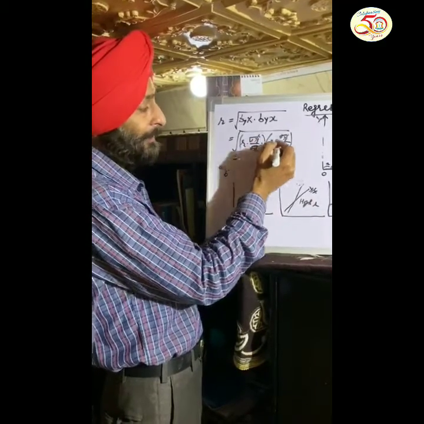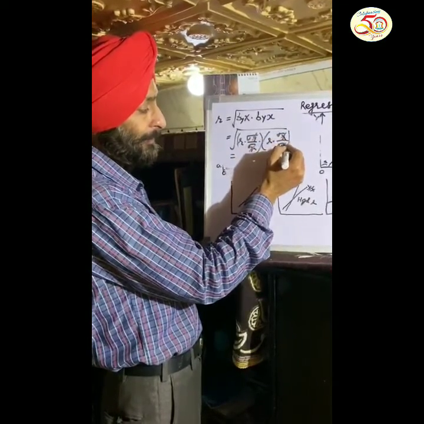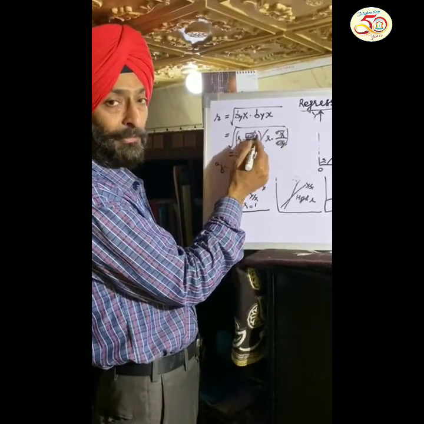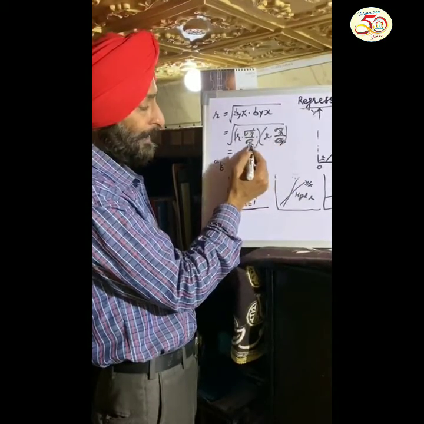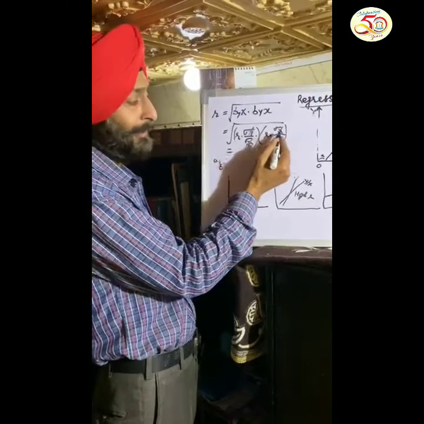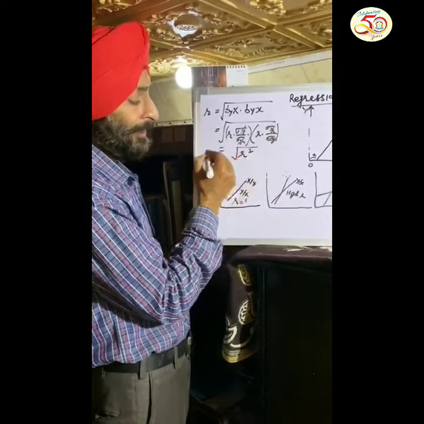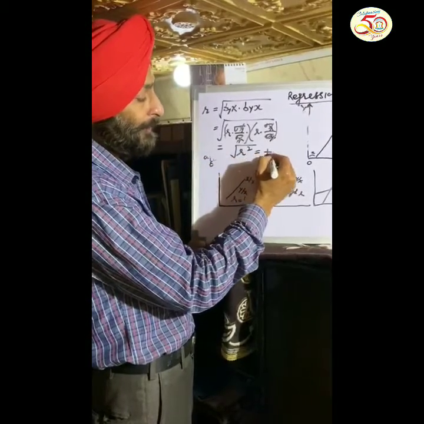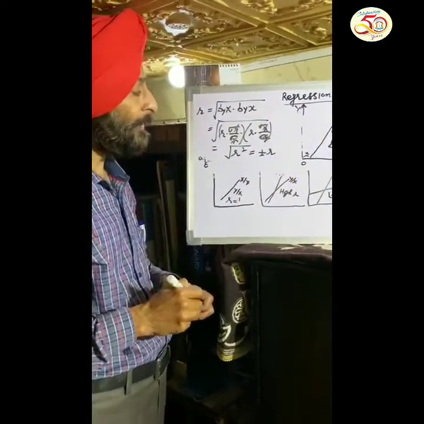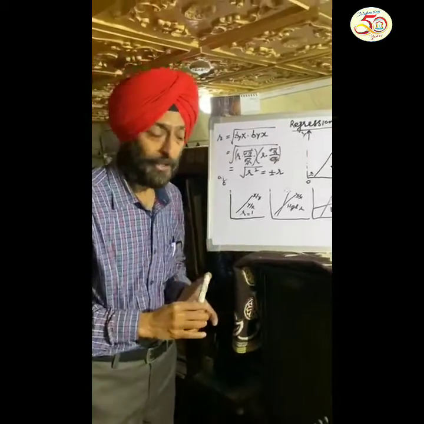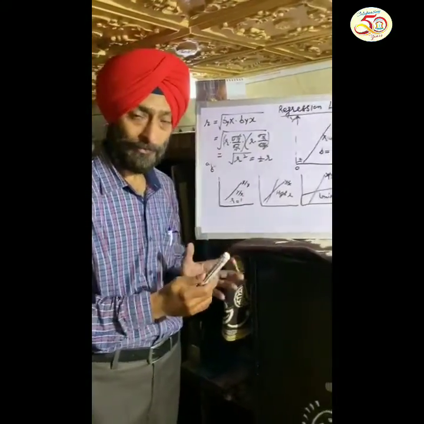If we multiply, the standard deviation of y cancels out with the standard deviation of y, and similarly the standard deviation of x cancels out with the standard deviation of x. We get correlation squared under the root, that is the correlation coefficient. So given two variables and two regression coefficients, we can get the correlation coefficient.